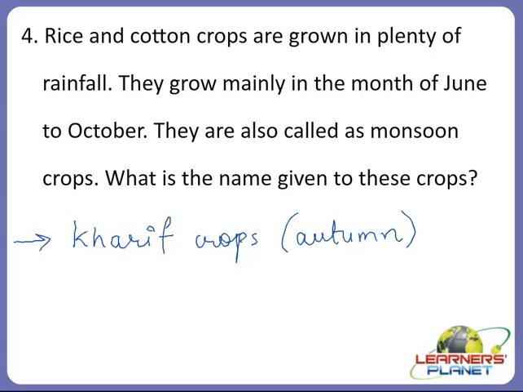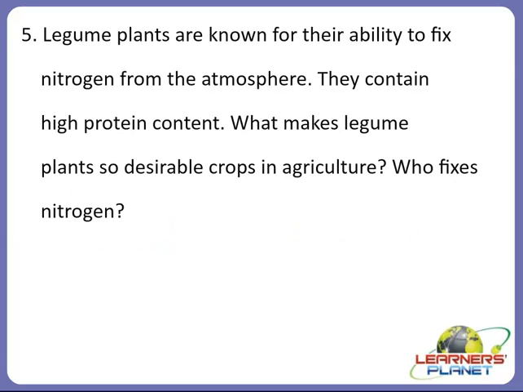Alright children, now let's see another question. This was a very simple question. Now you have to think. Yes children, so the question is, legume plants are known for their ability to fix nitrogen from the atmosphere, and they contain high protein content.